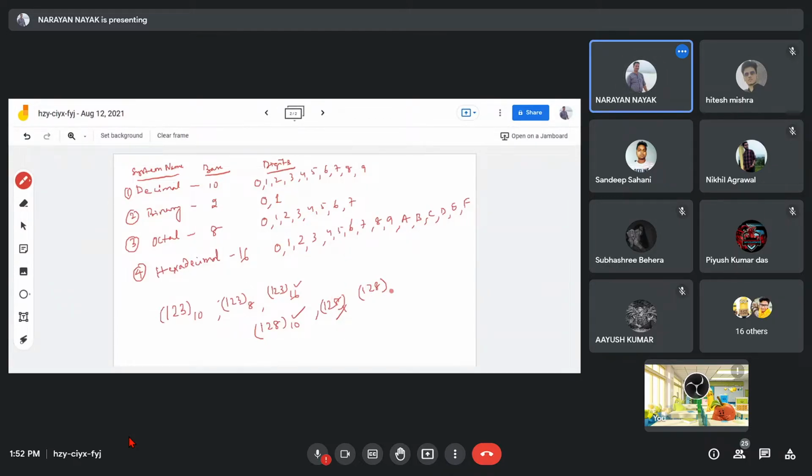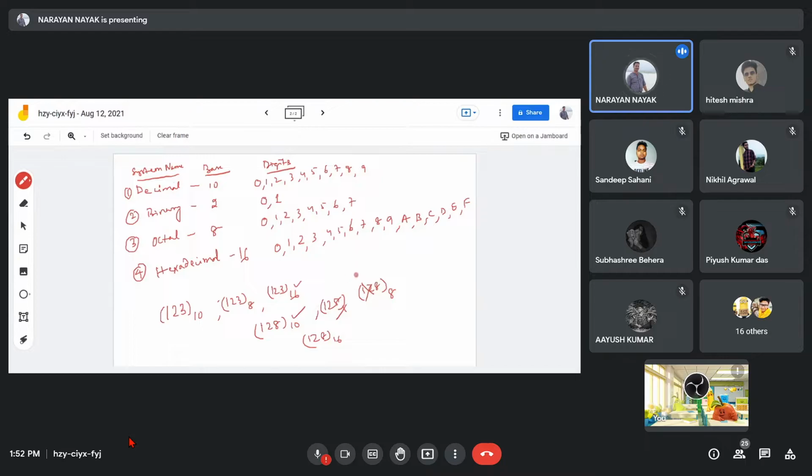No, because the digits go up to 7 only. So octal it is not. Hexadecimal, yes, you can do hexadecimal. 128 is hexadecimal, because in hexadecimal the digits are 0 to 9 and so on.